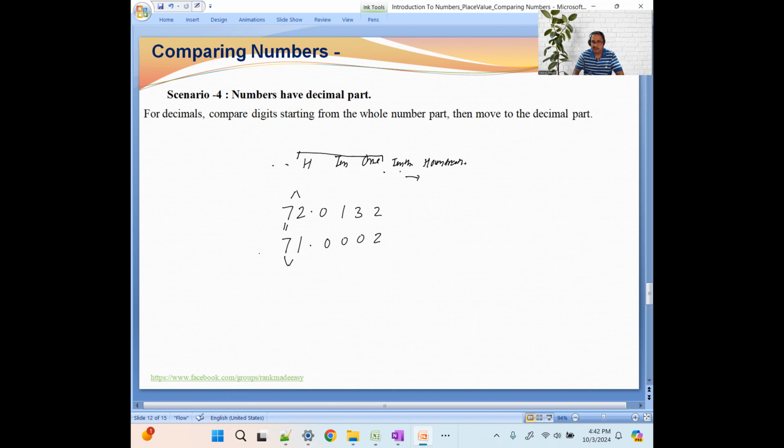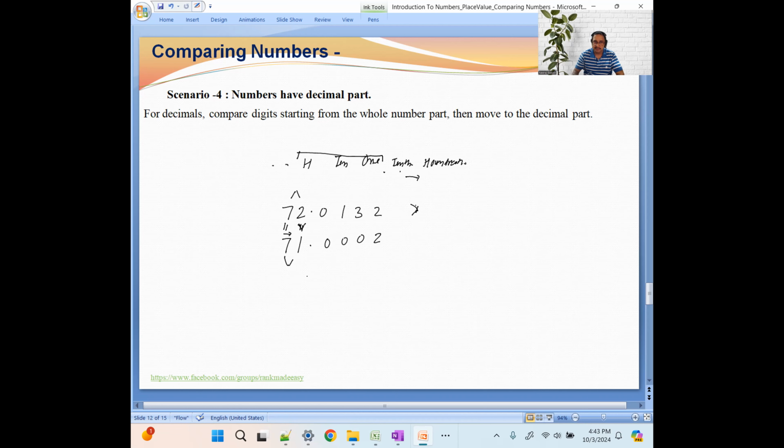Leftmost digit is 7 in both numbers. That is equal. So you have to move towards the right side. The next digit on the right side in the first number is 2, while the next digit on the right side in the second number is 1. 2 is greater than 1. So simply you can say the first number is greater than the second number, right?